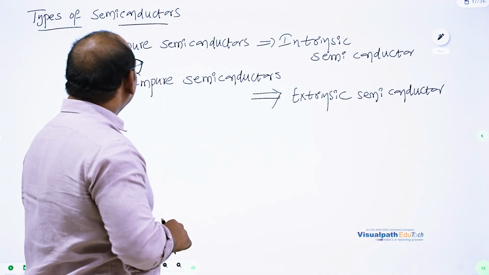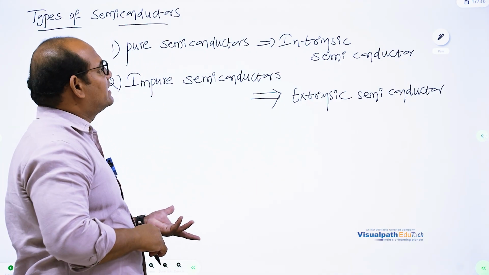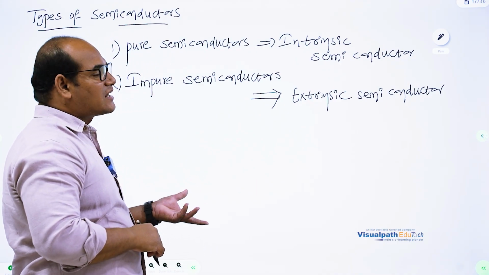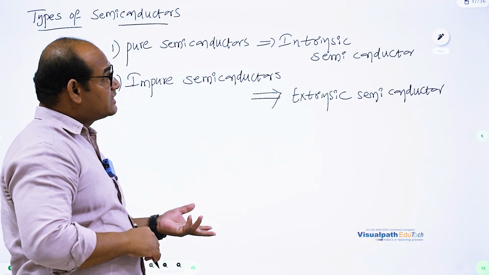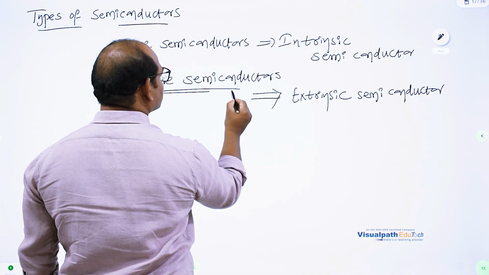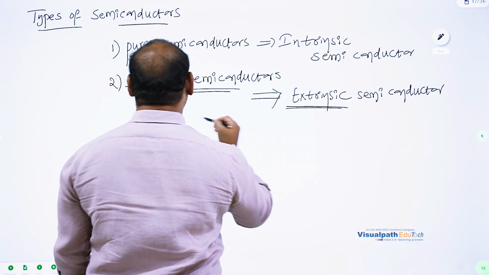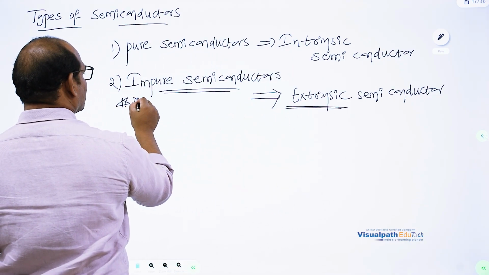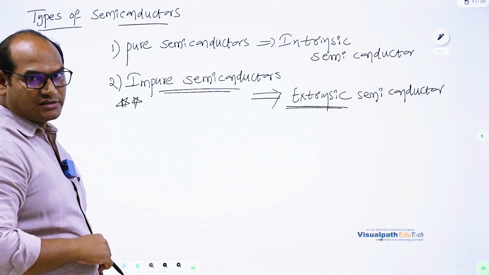To fabricate electronic devices such as diode and transistor, we are going to use these impure semiconductors only, or extrinsic semiconductors only, not the intrinsic semiconductor.